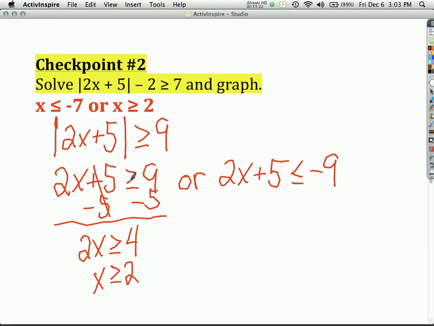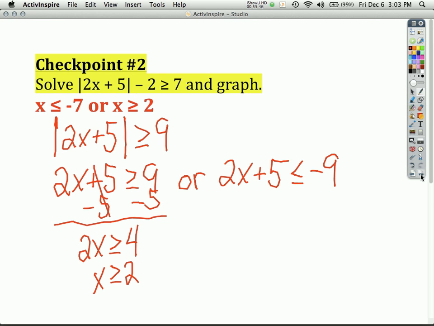We didn't flip the symbol here. The first one you write down is the exact same thing, except without the absolute value symbol. Okay, let me come take a look at what you did, because I'm a little confused at what happened. Okay, so let me just take a look at it.